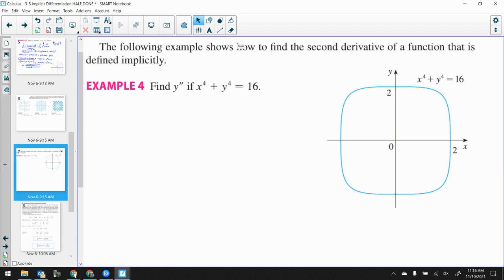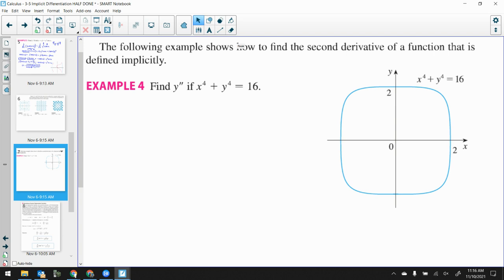If we had x squared plus y squared equal to 16, that would have been a circle centered at 0, 0. This is more of a rounded out square centered at 0, 0. Remember, y single prime will get me the slope around this curve.